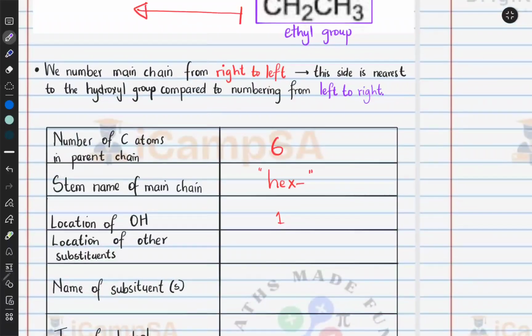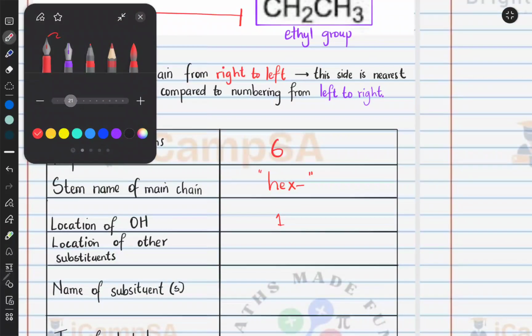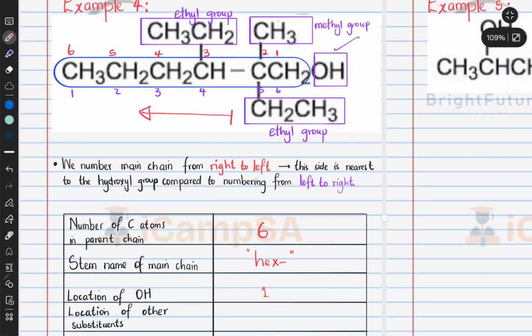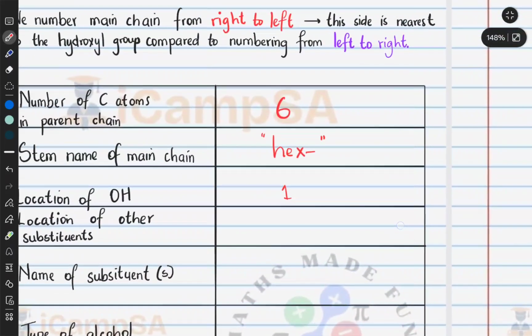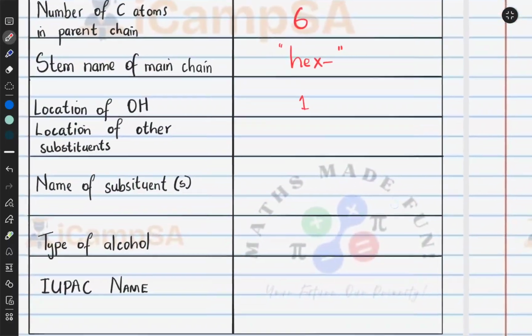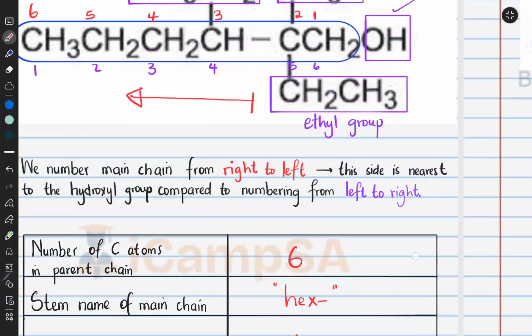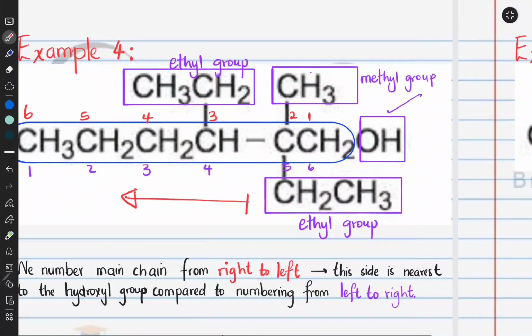Now we have the location of other substituents. We said the methyl group is on number 2 as well. This is 2 for the methyl group. Whereas the ethyl groups are located one in 2, which is this one, and the other on carbon atom number 3, which is this one.